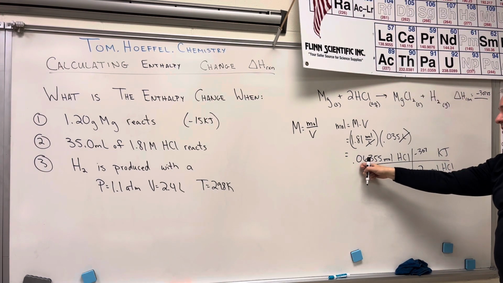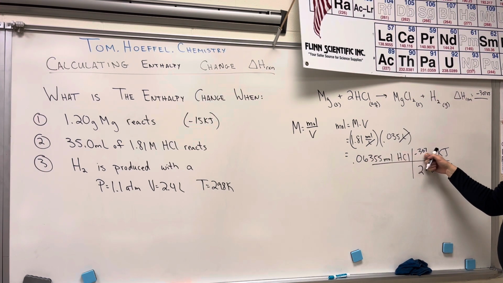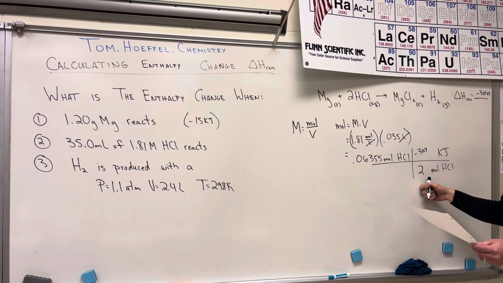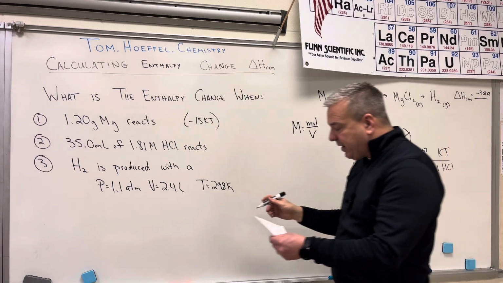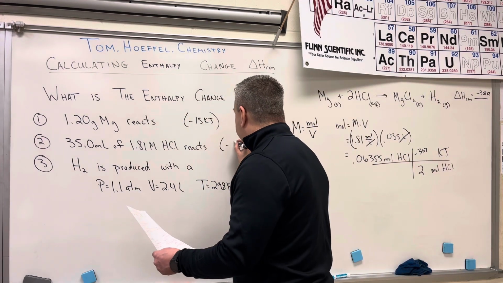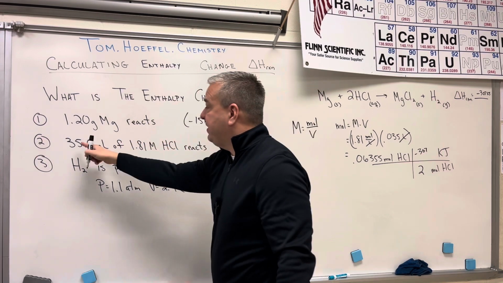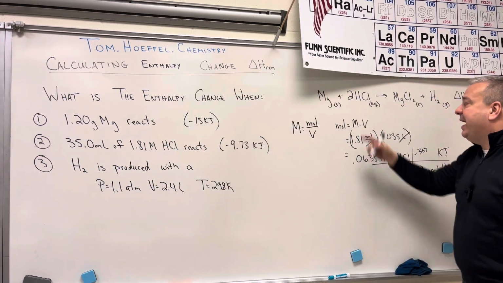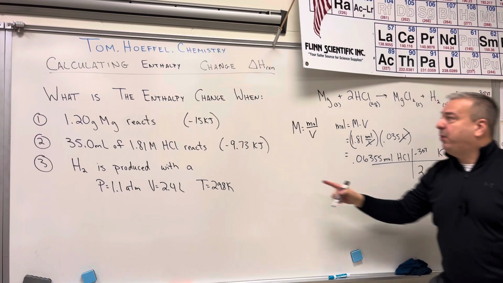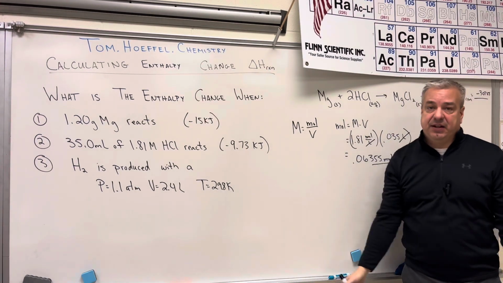So 0.06355 times negative 307 divided by 2 will give us an answer of negative 9.73 kilojoules. So when this amount of hydrochloric acid reacts, you're going to get this portion of the 307 kilojoules.